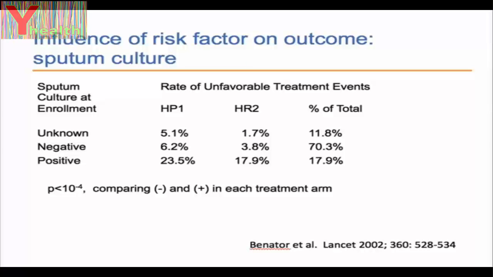This study from Deborah Benader and the Tuberculosis Trial Consortium, published also in The Lancet in 2002, lists some of those features. If patients have sputum cultures which remain positive after the induction phase is over, that is, at the end of 2 months, they have a higher rate of an unfavorable outcome.